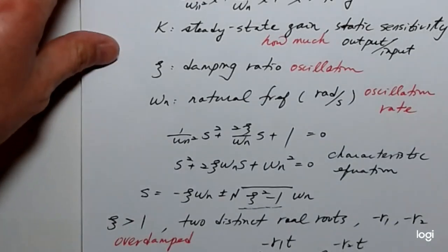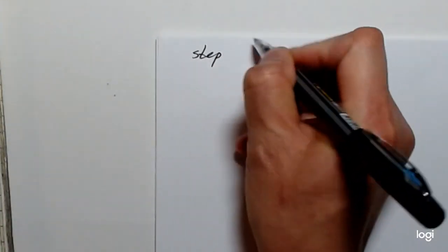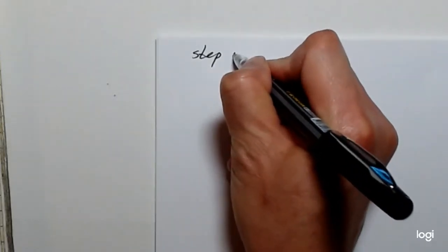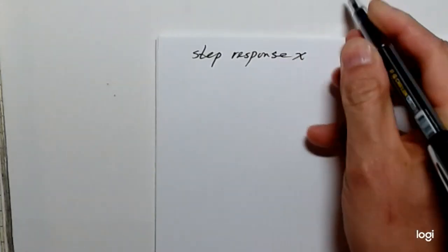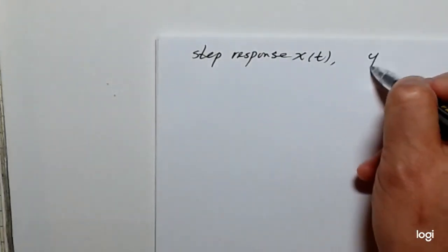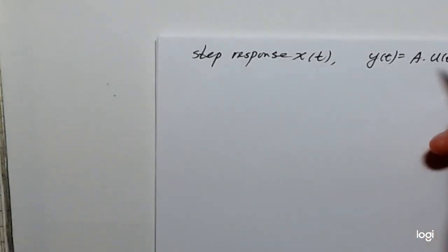Okay, so now let's look at the solution form. Since this is a standard second order system, what's the solution form for the step input? The step response x of t, in other words, y of t will be an amplitude with a step function.